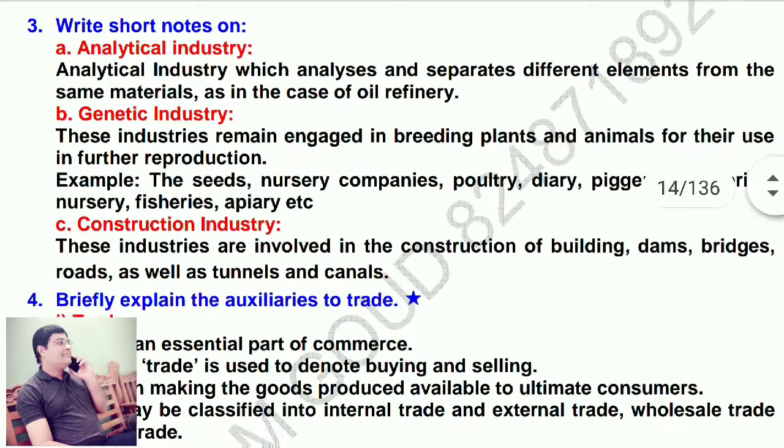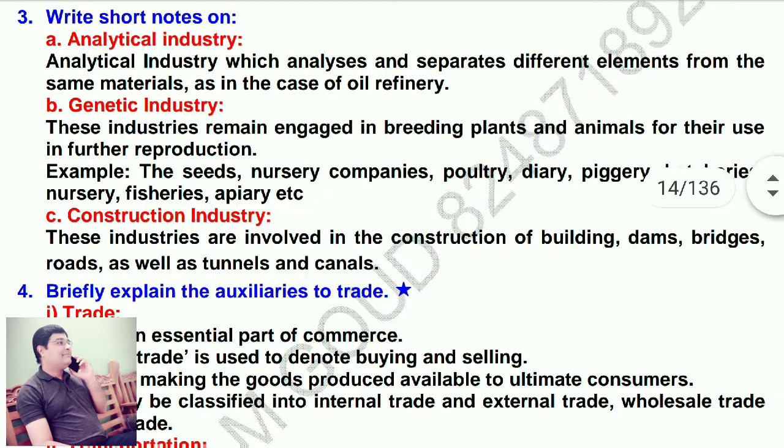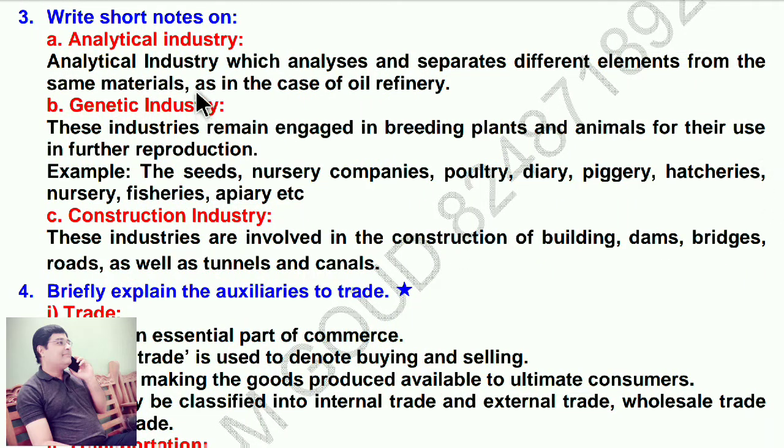Next, third one, write a short note on analytical industry. Analytical industry is one which analyses and separates different elements from the same materials, as in the case of an oil refinery.